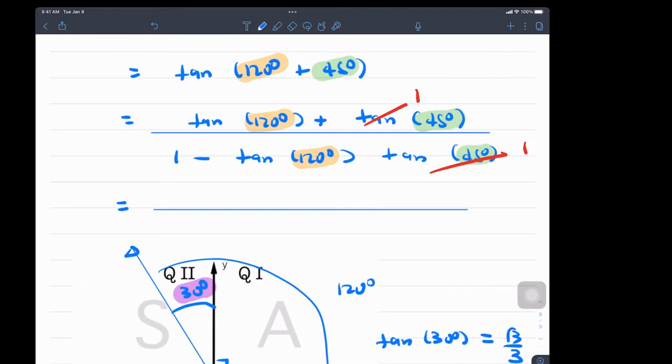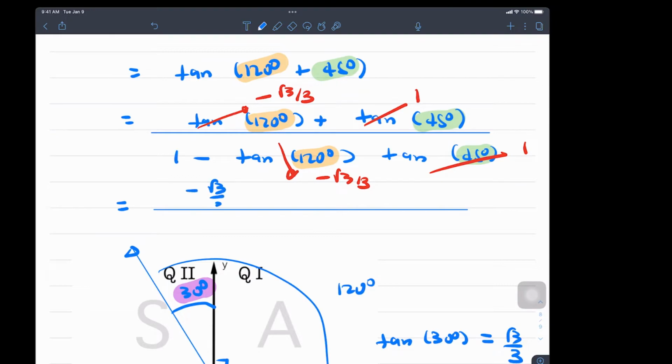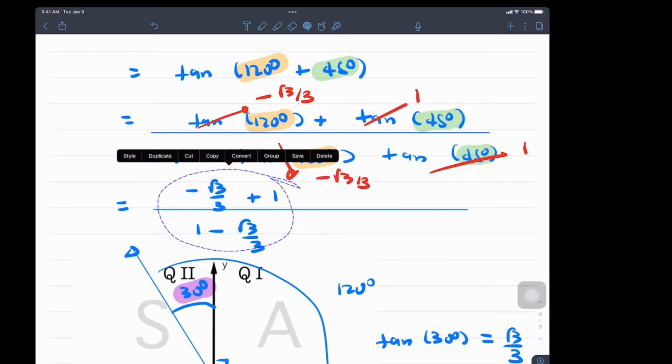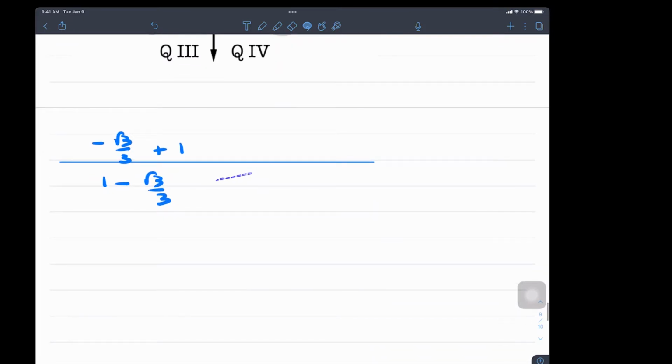Yeah. So what do we need? This is minus square root of 3 over 3. Minus square root of 3 over 3. So altogether, I do the same trick.